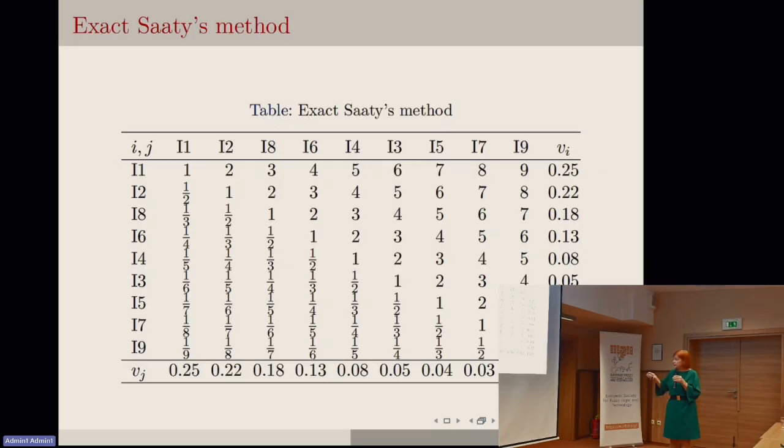And in this column and also in this row, you can see the corresponding weights. So if for I1 the importance is the same, and if I reorder these indicators with respect to importance, I have values from 1 to 9. And this problem is also calculated using a solver, for example in Excel or other programs.